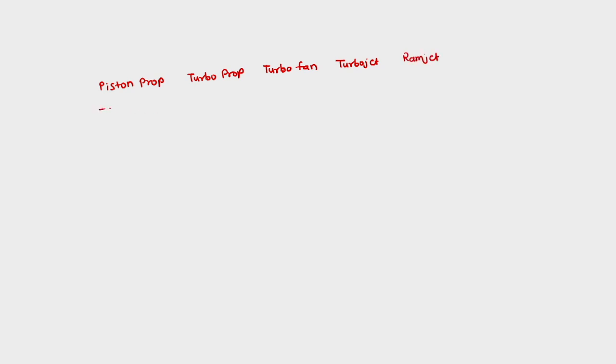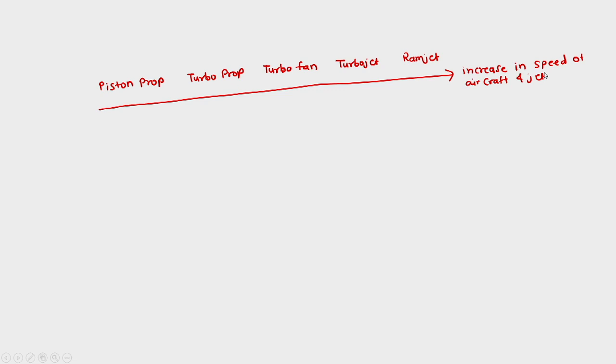So for these engines, in this direction we have an increase in speed of the aircraft and jet, and in the same direction, however, we have a decrease in the mass of air handled.